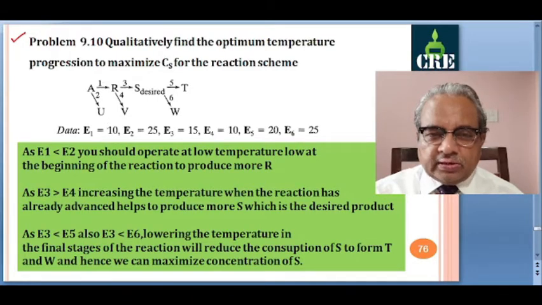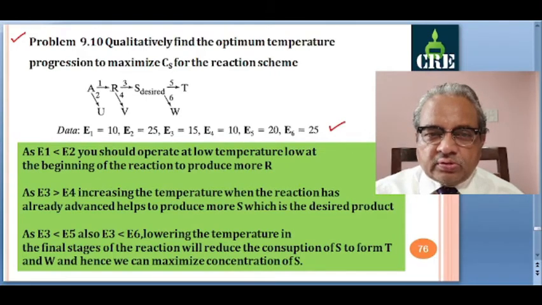For these reactions 1, 2, 3, 4, 5, 6, we have E1 equal to 10, E2 equal to 25, E3 is 15, E4 is 10, E5 is 20 and E6 is 25. So all these values are given.